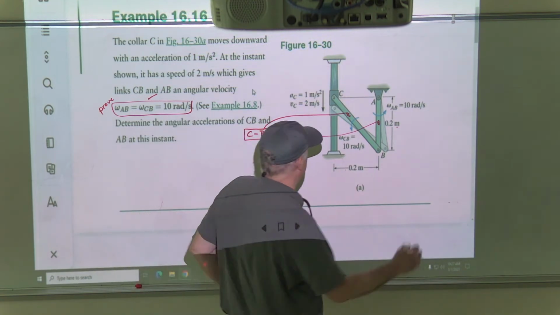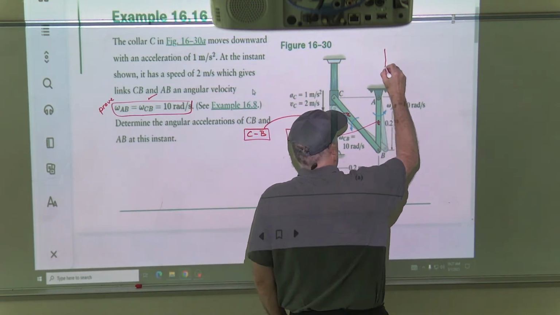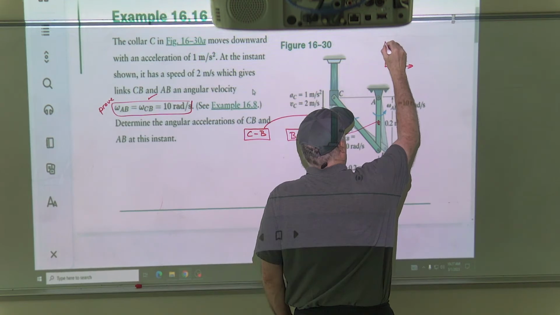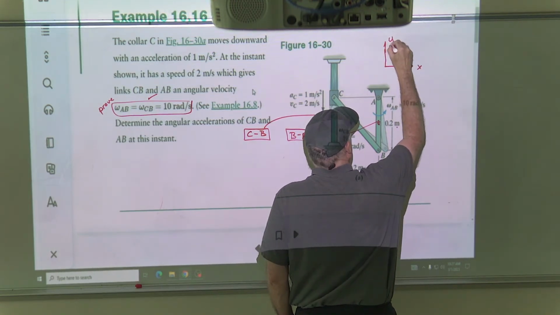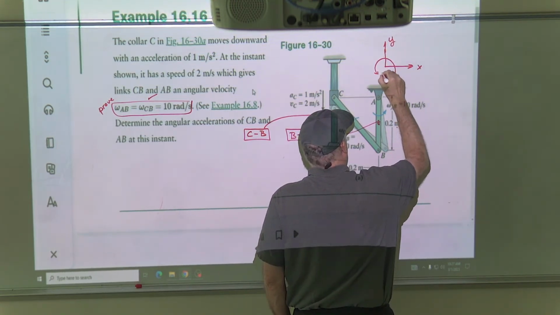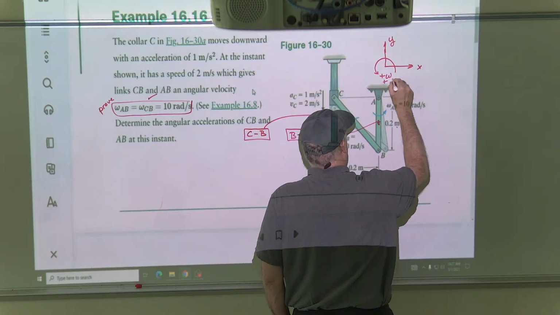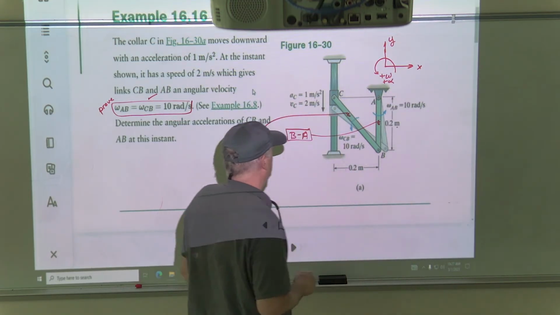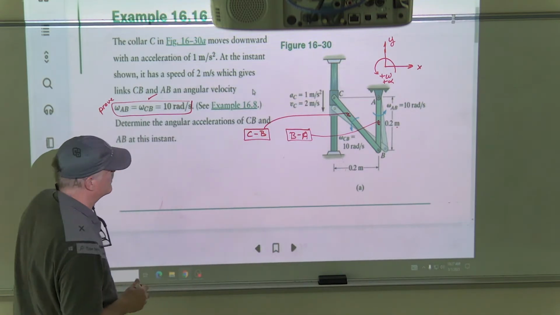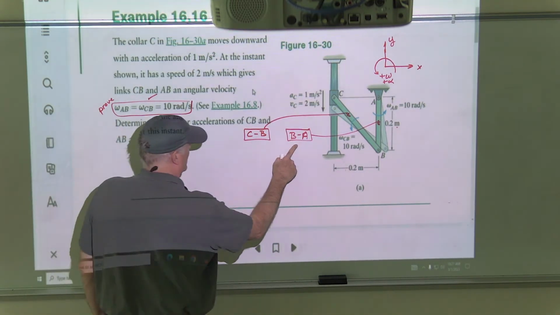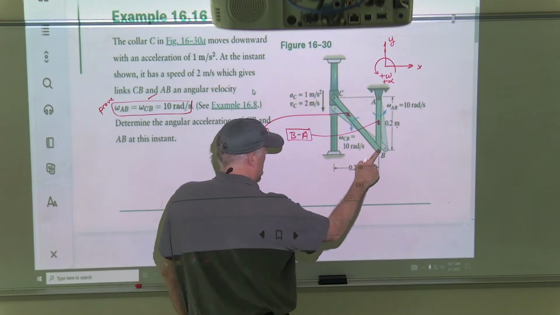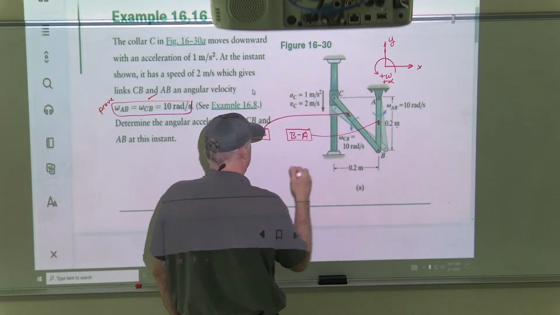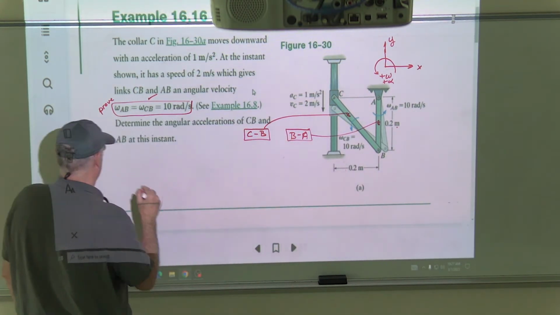I'm going to pick up my coordinate systems and write this as a reference, X and Y, and a positive omega and a positive alpha. And we'll just do this one first, because then it'll give us a reference to that point, and then we'll write between these two.